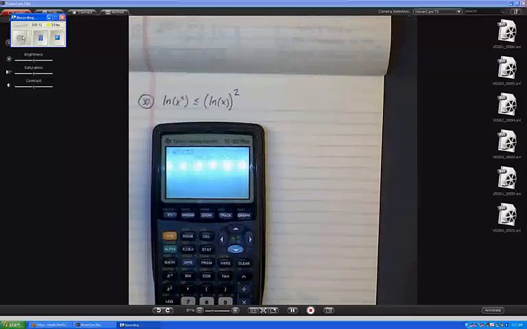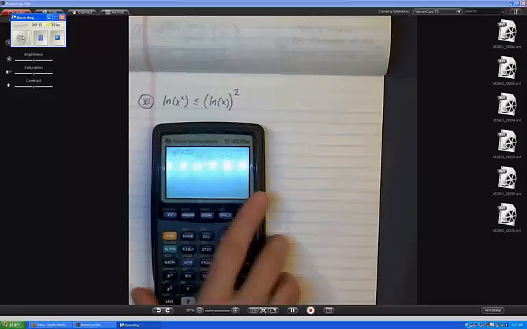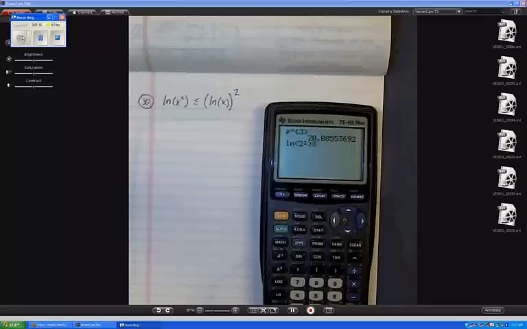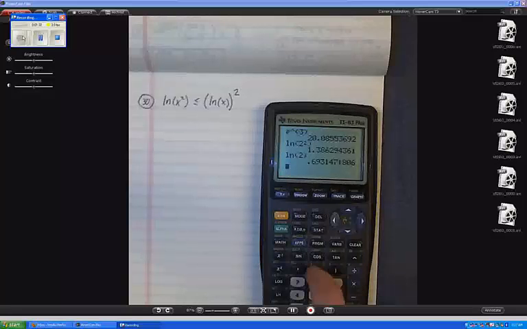Right? Yeah, that's awful. Let's put it here. So the natural log of 2 squared is 1.38. Okay? By the way, what's the natural log of 2, just so I'm... It's 0.69. Right? So now, what's going to happen if I type what they have on the right-hand side of this inequality?